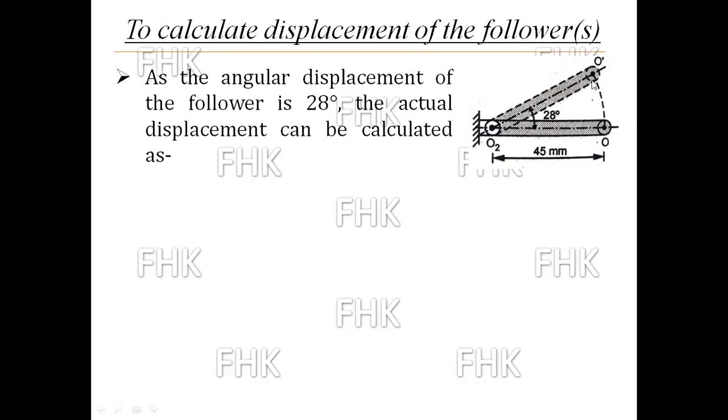So how will you convert that angle of oscillation into S displacement? In mechanics you have already learned this is part of a circle, an arc of a circle. This is S, that we have to find out.